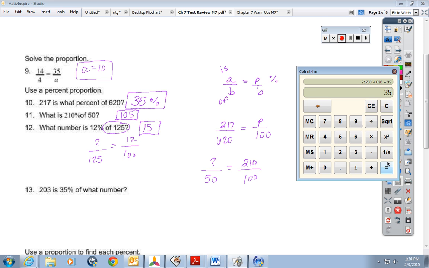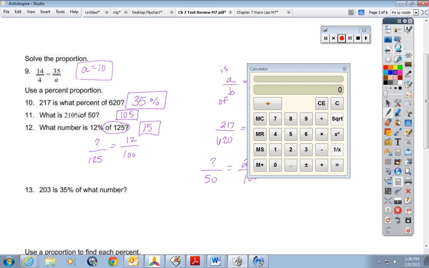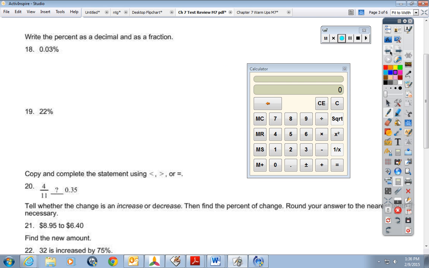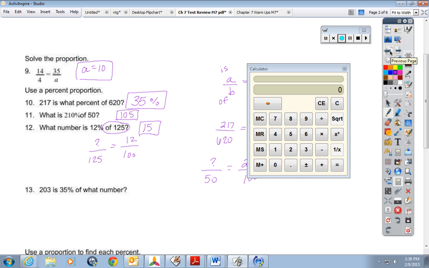All right, number 13. Okay, on this one, same thing. A over B is P over 100. We know that P is the 35%, and then this is associated with the number is. So that's the numerator, and we're trying to find the of.